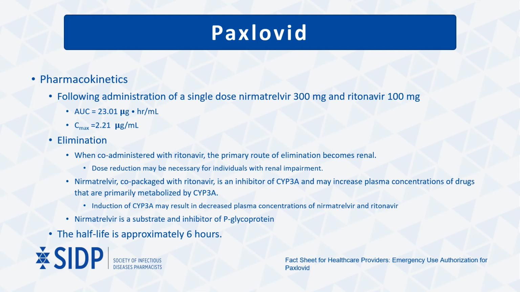When ritonavir and nirmatrelvir are co-administered, the primary route of elimination becomes renal due to the inhibition of the CYP3A enzyme by ritonavir. So nirmatrelvir then becomes renally eliminated. As such, there is emerging evidence that suggests that dose reductions might be necessary for individuals with severe renal impairment.